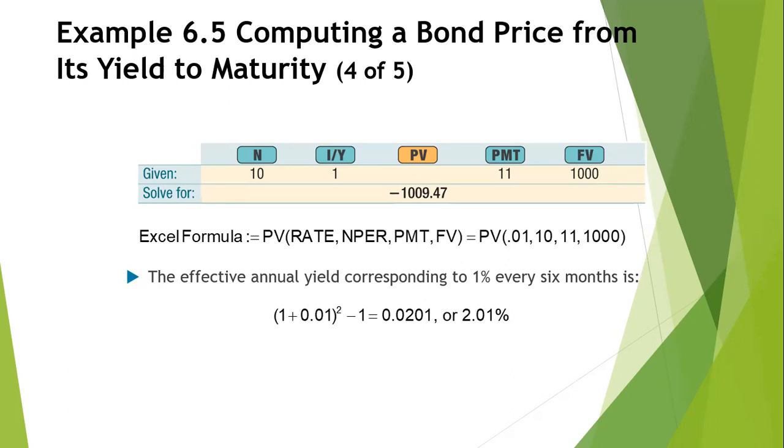So the effective annual yield corresponding to 1% every 6 months is, in parentheses, 1 plus 0.01 in the parentheses to the second power, minus 1, equals 0.0201, or 2.01%.